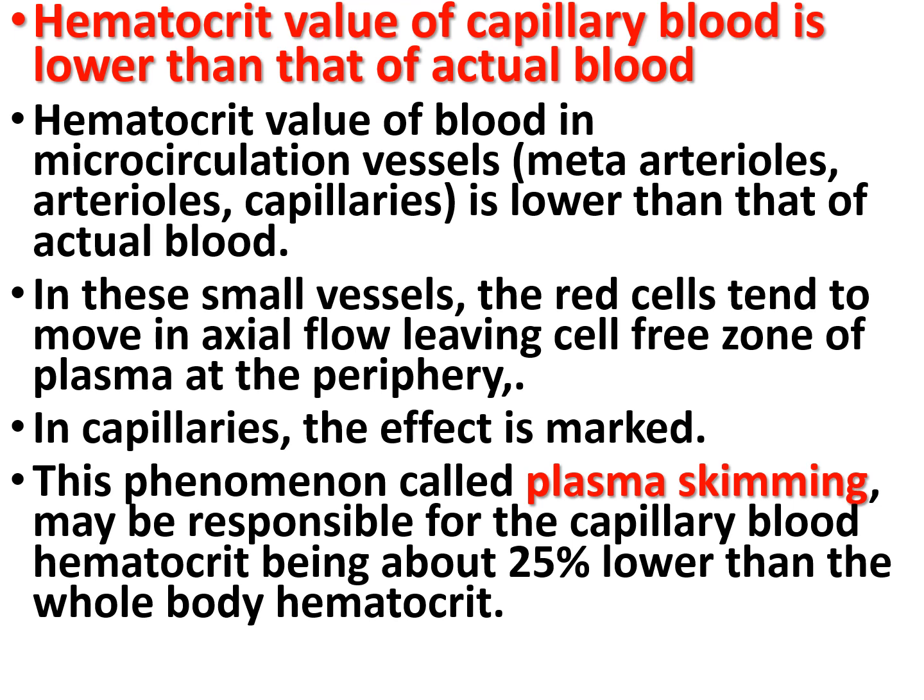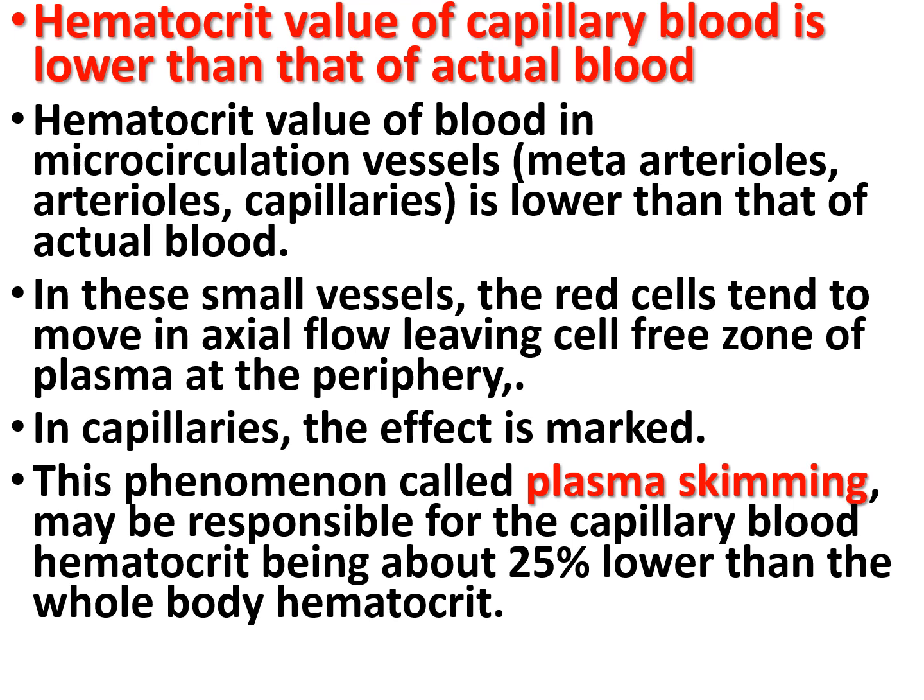As a result, blood along the sides of the vessel has a low hematocrit, and branches leaving at right angles may receive cell-poor blood. So in capillaries the effect is marked.